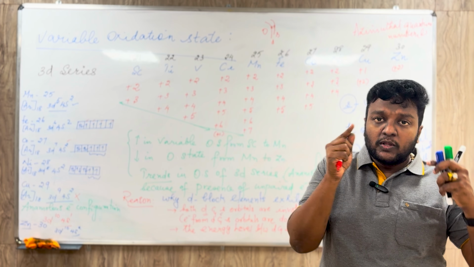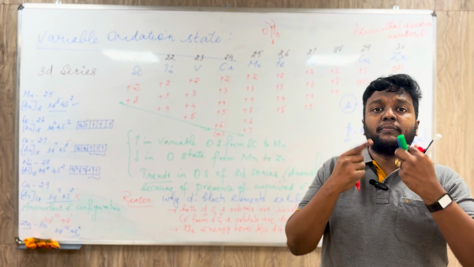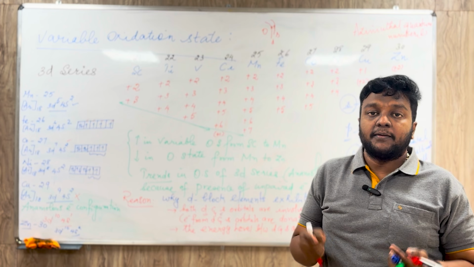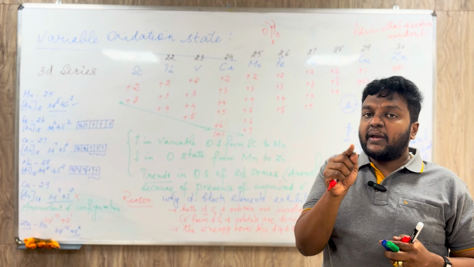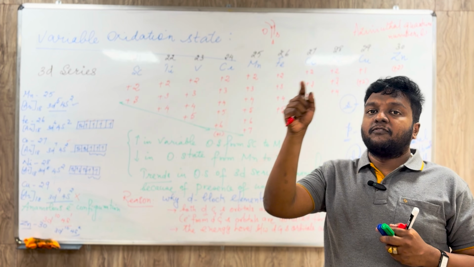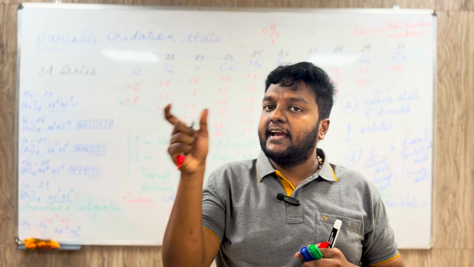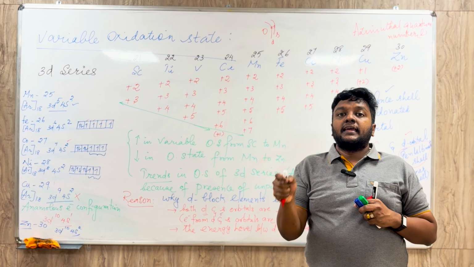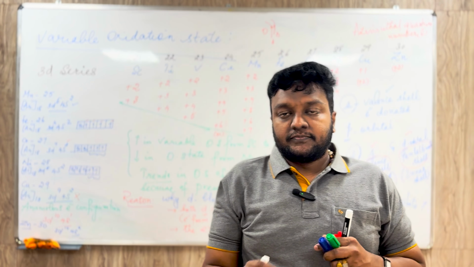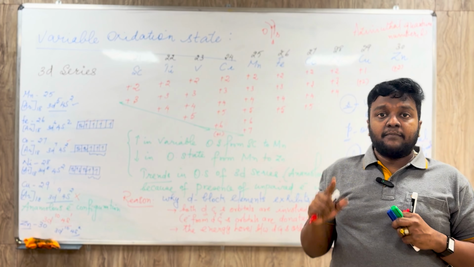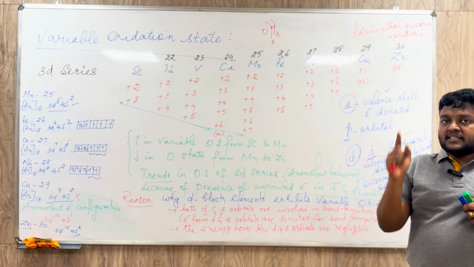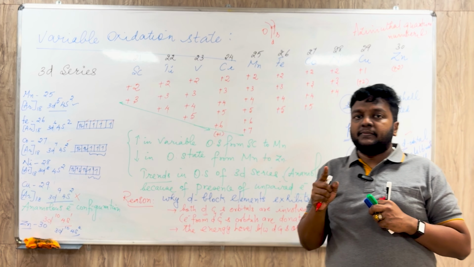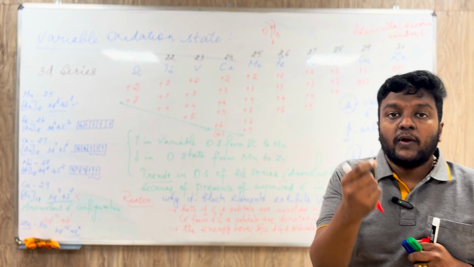Why do the electrons from both the s orbital and the d orbital have to be contributed? Because when you take the 3d and 4s orbitals, the energy difference or the energy level is negligible or more or less the same. So therefore the electrons from the s orbital as well as the electrons from the d orbitals can be donated.